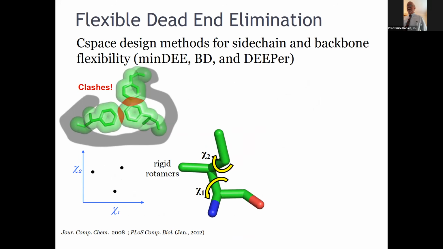Okay, so let me give you a little hint of how these algorithms can actually do something. If we pass to the configuration space of these systems, what does that look like? Here we have a particular amino acid. It's isoleucine. And the degrees of freedom here are two rotatable dihedral angles, chi1 and chi2. So it's kind of like a two-link robot arm, and we can graph chi1 here and chi2 here.